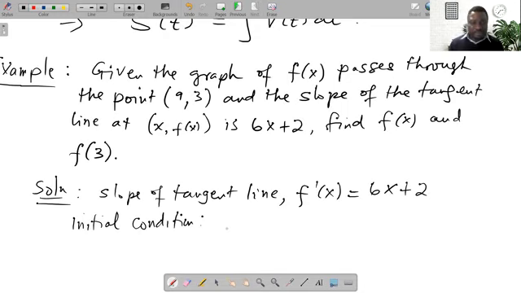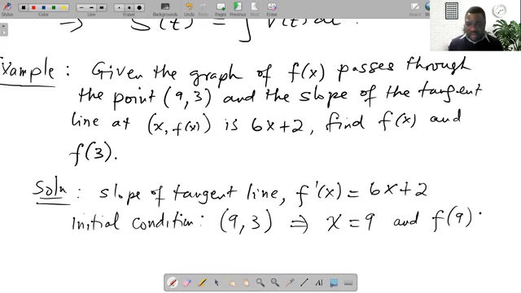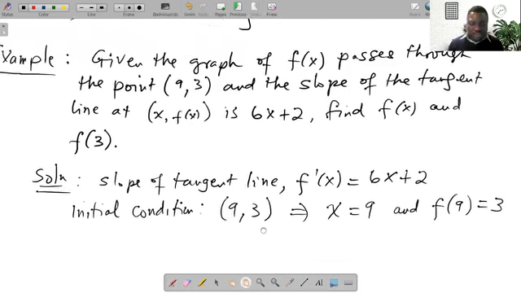We have the point 9, 3, and what that means is that x is 9 and f of 9 is equal to 3. That is the main reason why it was written in that form. Because x is 9, if we plug in the 9 here, it makes it f of 9, and that should be equal to 3. Okay, so that will be our condition.